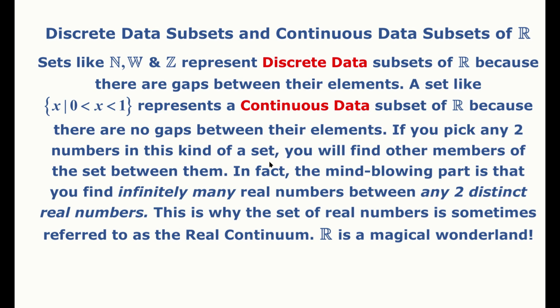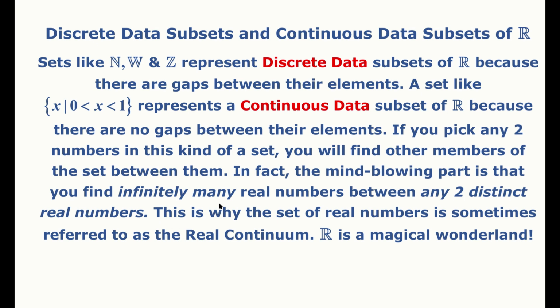Now, when it comes to the set of real numbers, which itself is a set which has no gaps between the members of its set, you'll find that if you pick any two distinct real numbers, not only can you find one number between them, you can actually fit infinitely many numbers between any two real numbers, no matter how close those two numbers may happen to be. Take the number 0 and take the number 0.1.